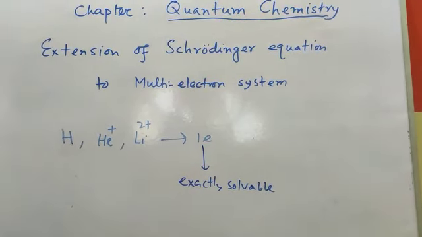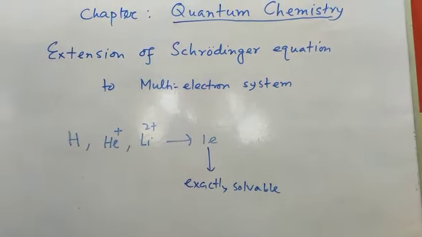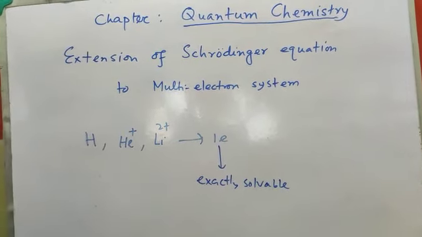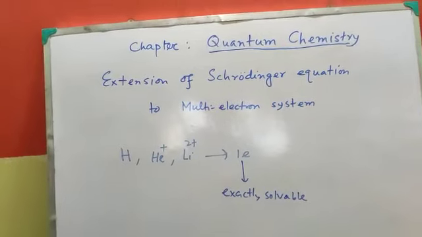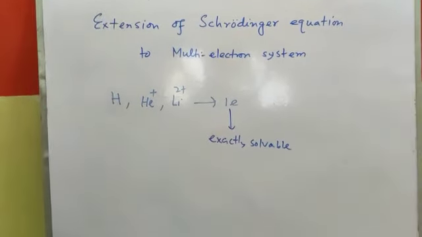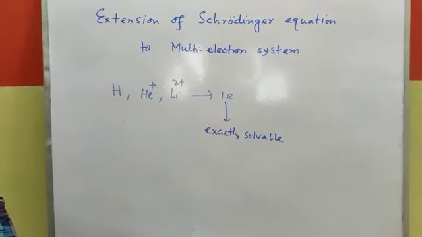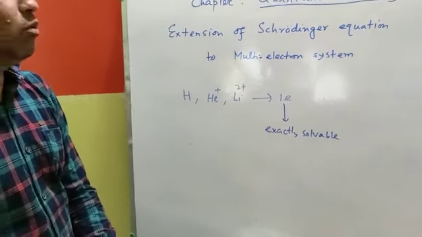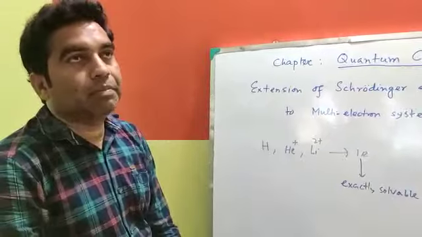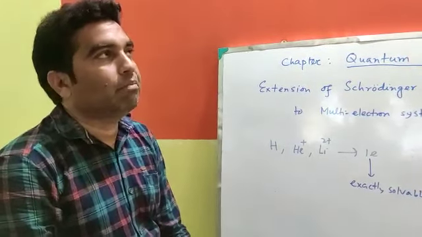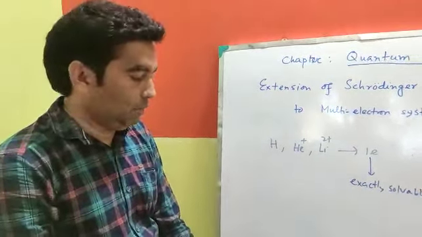But what about the other systems which have more than one electron? The simplest example is the helium atom. So if we want to extend the Schrodinger equation to the helium atom, then what will be the result and how can one solve the helium atom system to get the required energy?